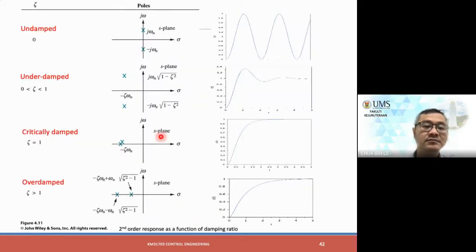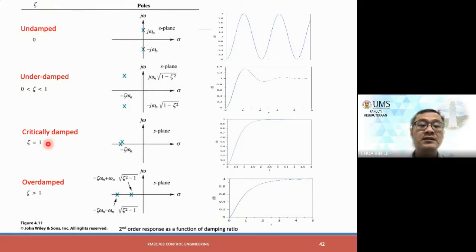So now we would start to characterize the damping based on the damping ratio. Again, we have seen the undamped system, the underdamped system, the critically damped, the fastest one without overshoot, and the overdamped, the slower one, without overshoot, right? So the characteristic of the damping ratio is that for an undamped system, the damping ratio is 0. For an underdamped system, it is in the range of 0 to 1.